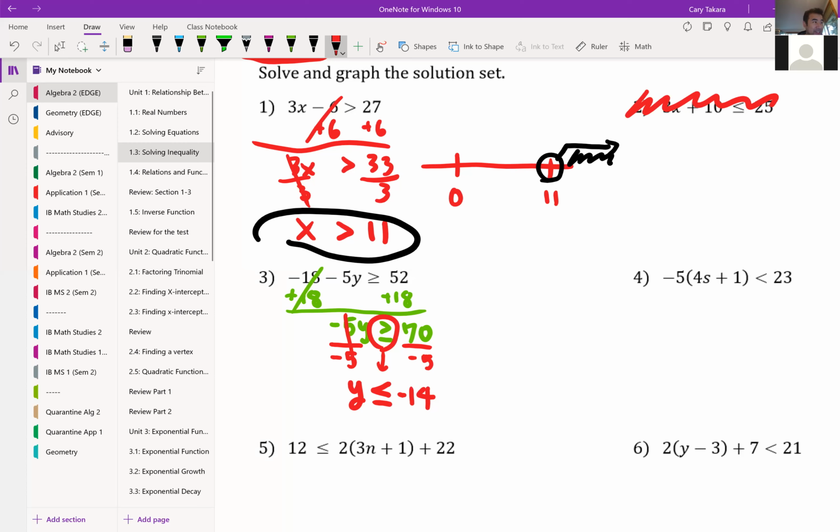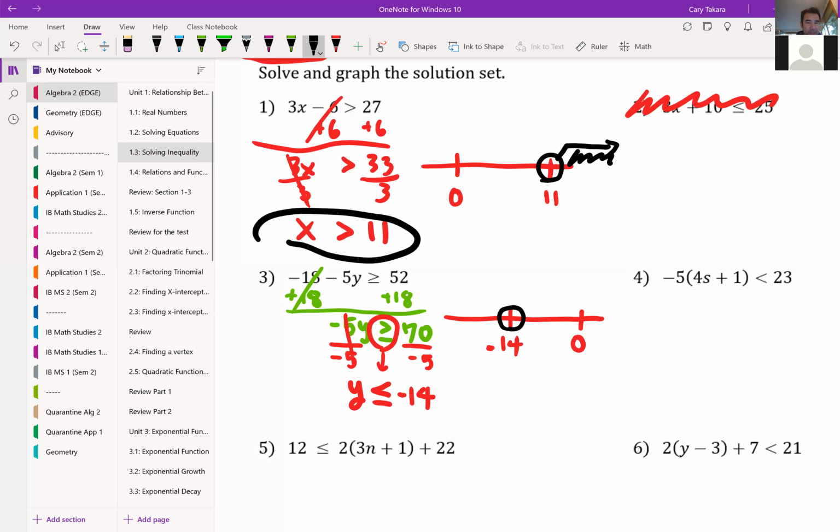Did everybody get that? Now let's graph. Here is 0. Here is negative 14. What kind of circle are we going to draw? Open or closed?